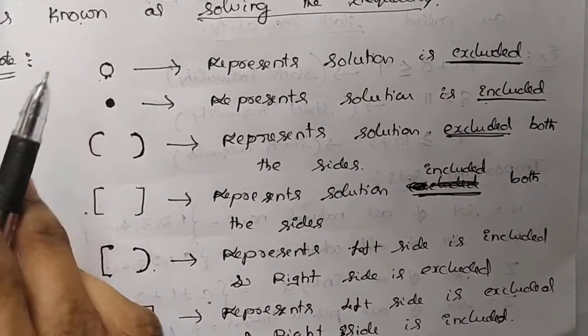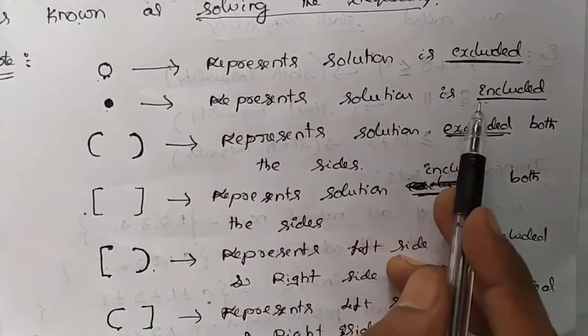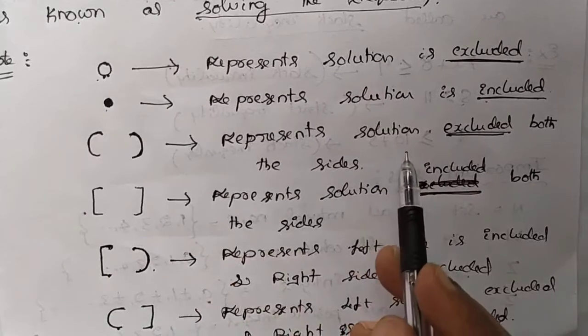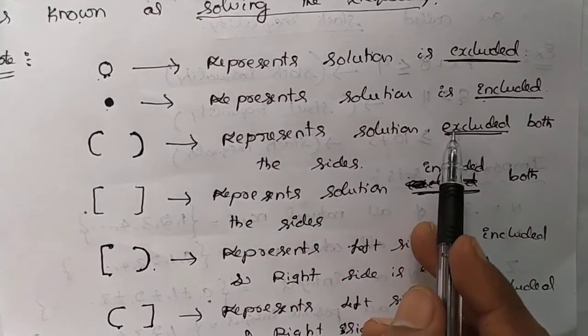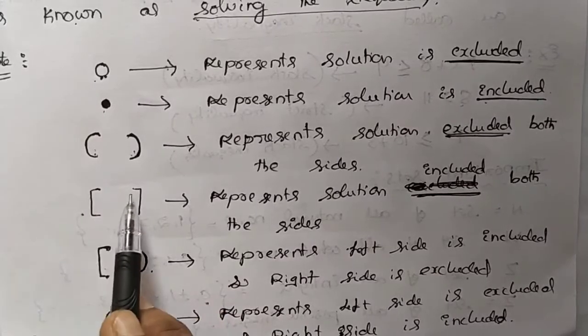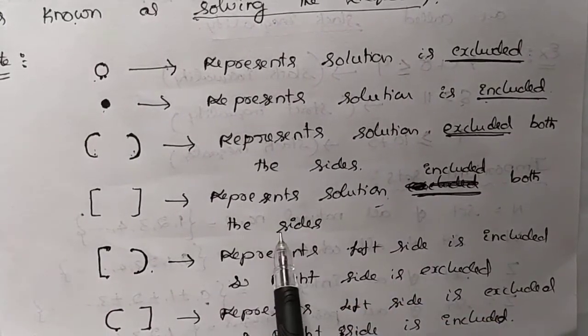This symbol represents that solution is excluded. This symbol represents that solution is included. This bracket represents solution is excluded on both sides. These brackets represent solution is included on both sides.